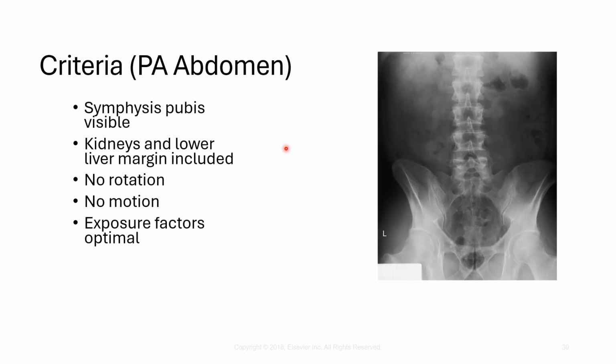The criteria is the same as far as what you need, but notice the pelvis looks completely different on a PA abdomen versus an AP abdomen. Just a completely different look to that, which is kind of odd to look at. So a lot of times the radiologists don't prefer a PA abdomen.